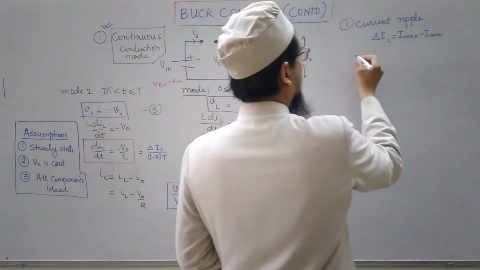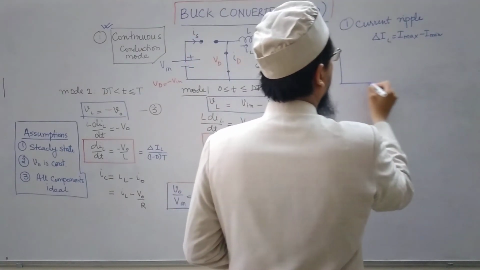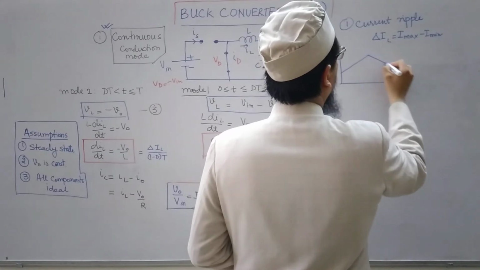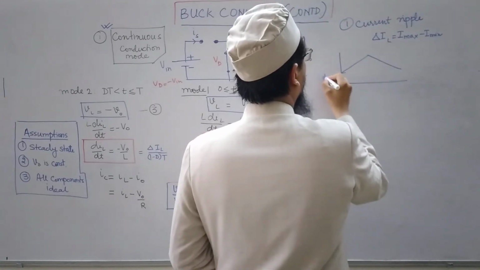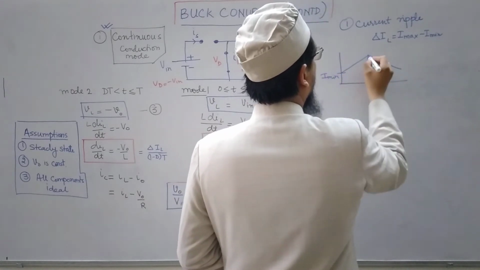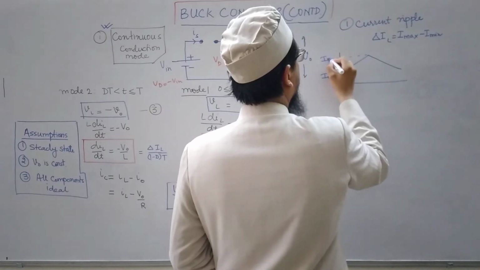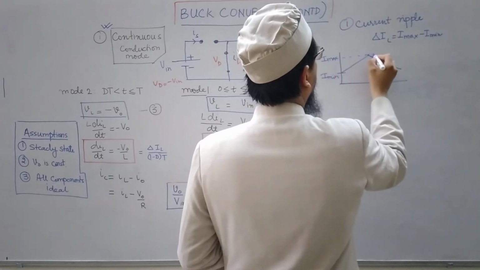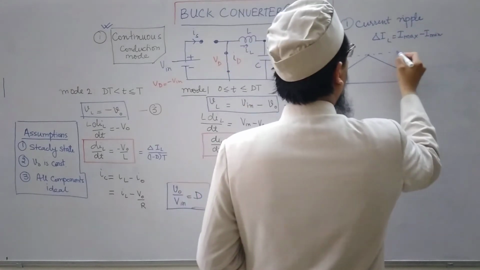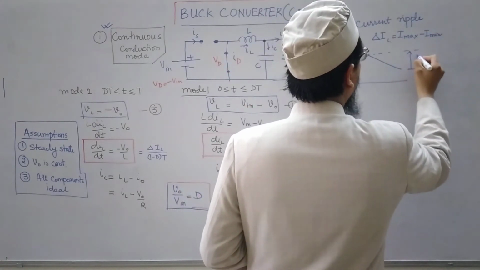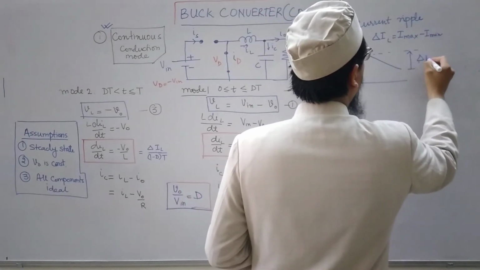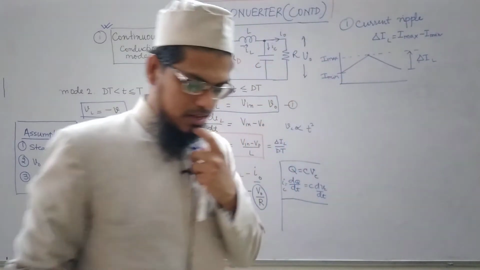Okay, so you know that the current through the inductor varies from I min to I max, and this difference is the delta I L.